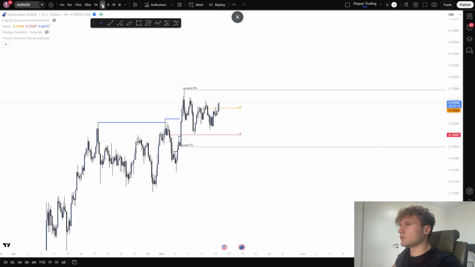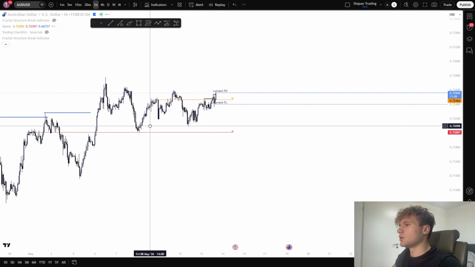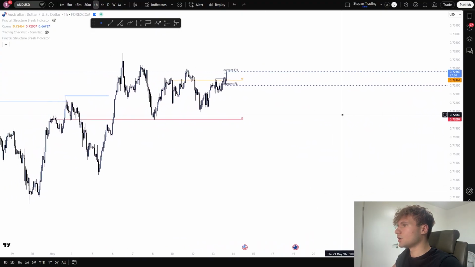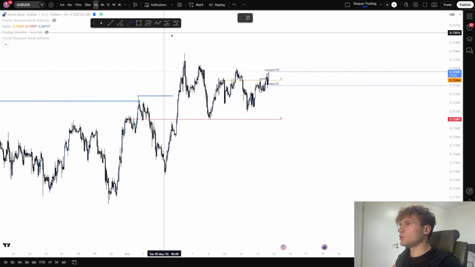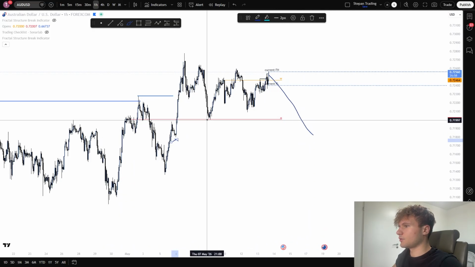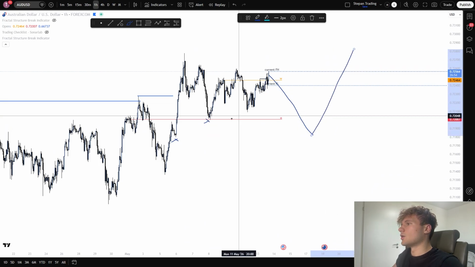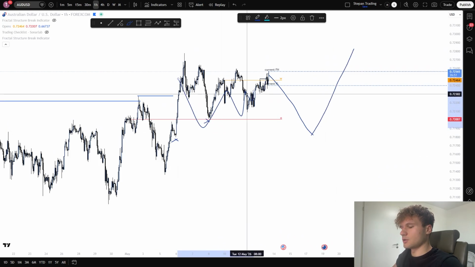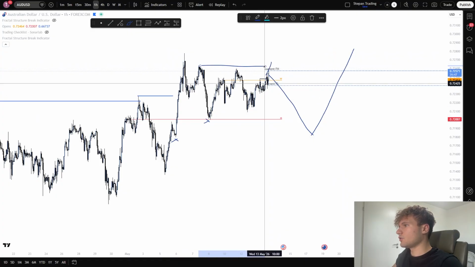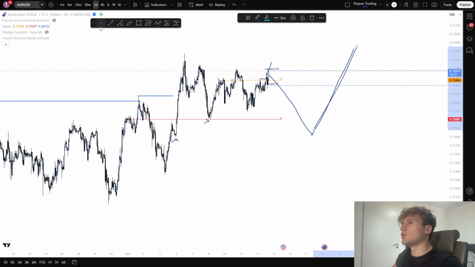Right now it consolidates a bit too much for my liking actually, but this could still have a nice move if we maybe drop down again to liquidate this point, or this engineered liquidity, to then go up again, because right now it's just consolidating. I would like maybe a raid of the high of this range and then a raid of the low, taking more liquidity and then moving up higher.